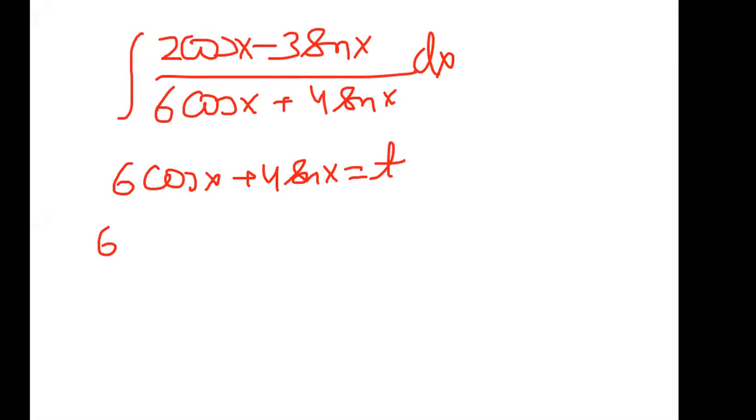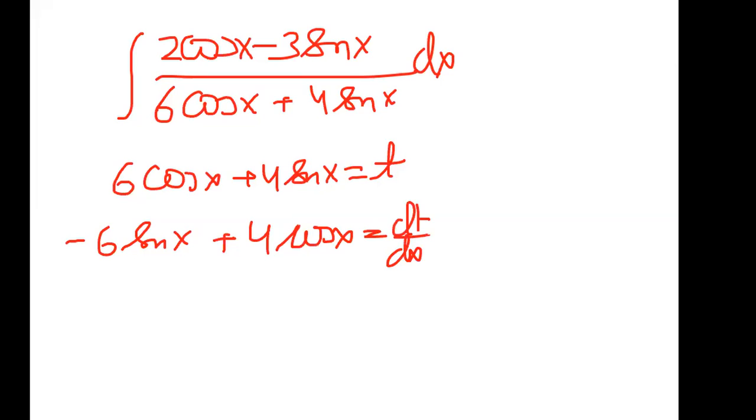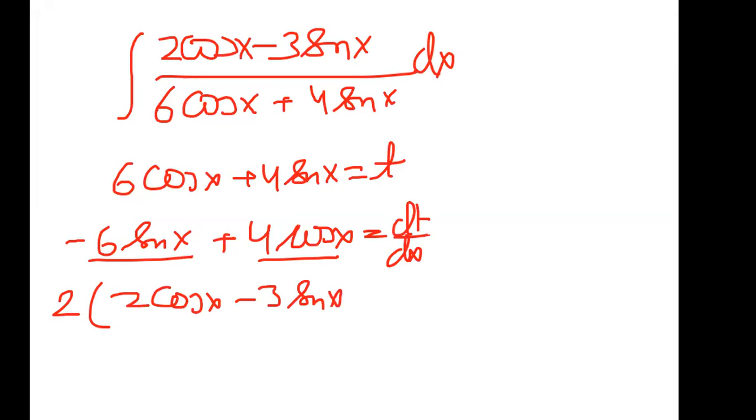On differentiating, 6 cos x becomes minus sin x, plus 4 sin x differentiation will be cos x, equal to dt upon dx. I'm taking 2 common, so it will be (2 cos x minus 3 sin x) dx will be equal to dt.